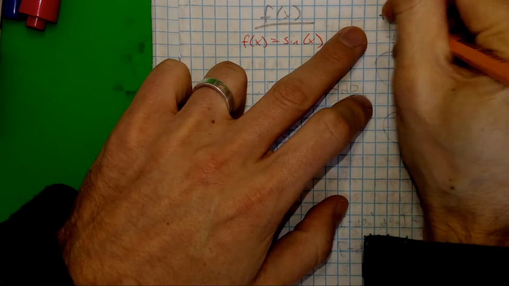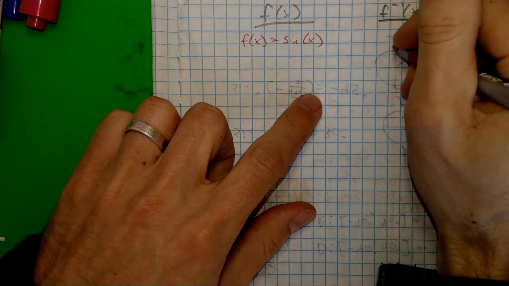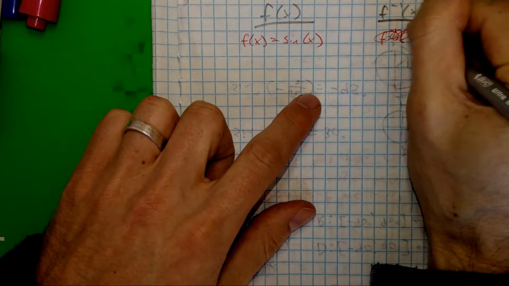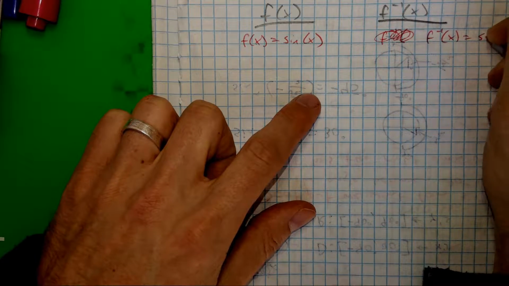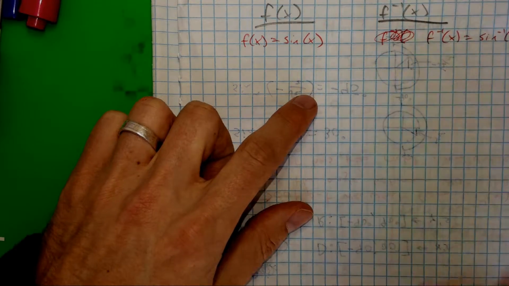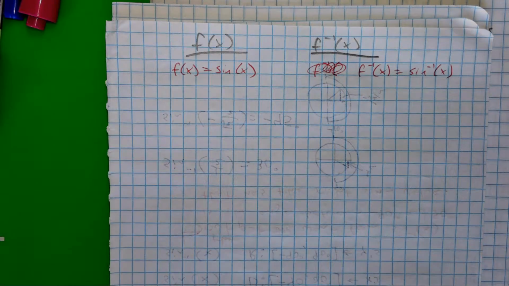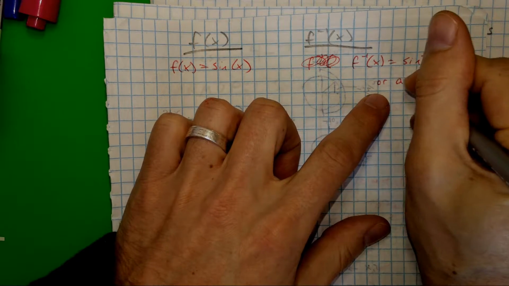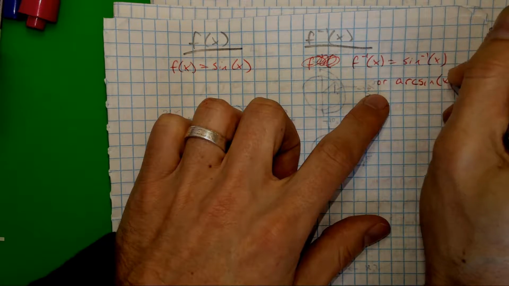And let's say I have an inverse function. We're going to call the inverse function just sine inverse of x. Now there's an alternate way to name this, and sometimes we'll write it like this. It's also called arc sine of x.